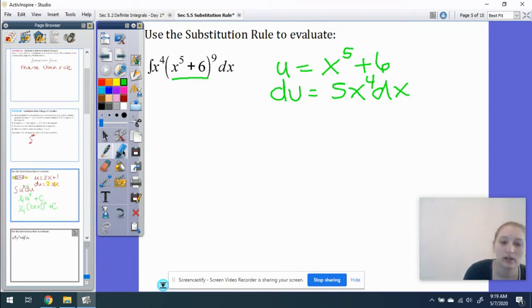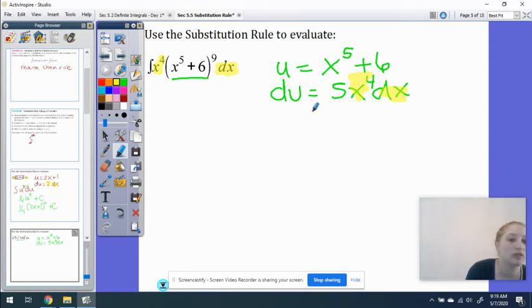So in this case, I've got 5x to the 4th. Okay, so x to the 4th, I have that here. And dx, I have that here. Okay, so what am I missing? I'm missing the 5.